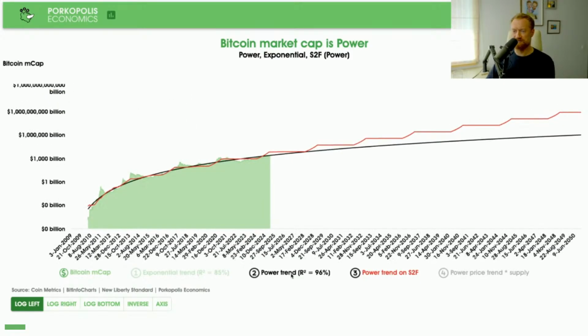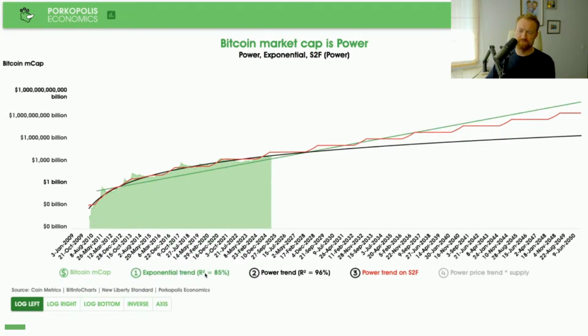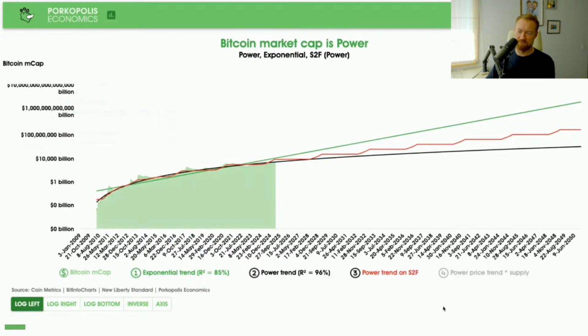The power trend, which is, again, a beautiful 96% R squared, and then the S2F power trend, which is actually a similar R squared. I'm not putting that because it gets confusing when you're talking about different things. Again, this is not on days, but it's on the expected S2F of the Bitcoin system, and you get this stair-step effect.